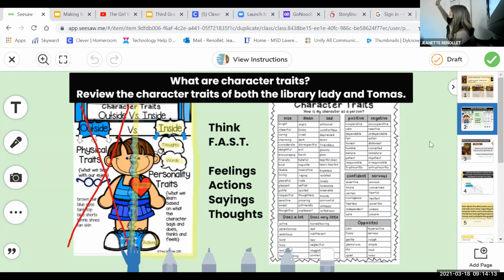All right, looking for at least 3 friends to share out a character trait that they think describes Tomas in the story. Kaylee. Tomas is... you think he's good.